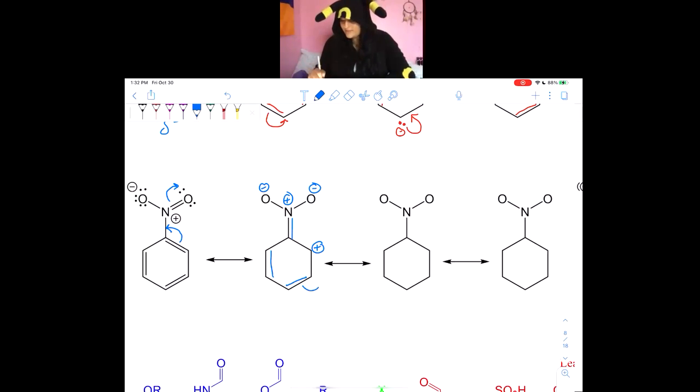In the next resonance structure, we're going to try to compensate for that loss. But now we just have a plus charge here, and these don't change. Next step, we're going to go here. Bam, bam, bam.